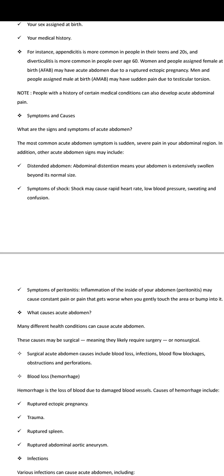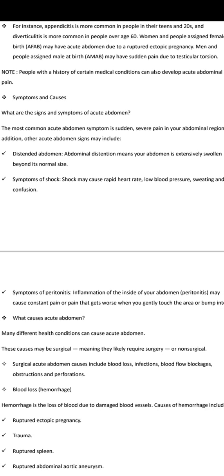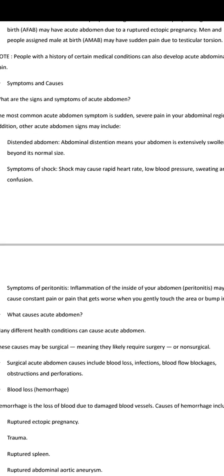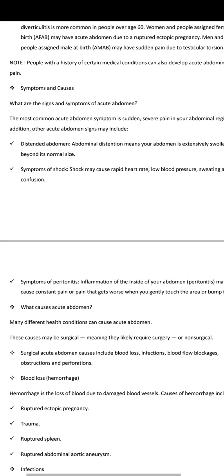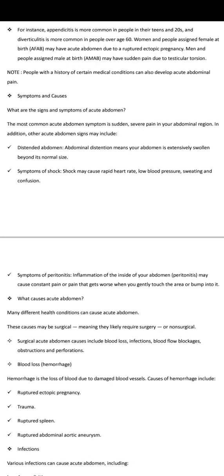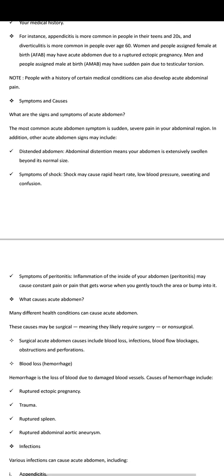The second feature is a distended abdomen, which simply means the abdomen will be swollen beyond the normal size. Then the other signs are the signs and symptoms of shock. These come in because this patient is going to have GIT complications such as anorexia, and maybe also diarrhea and vomiting.